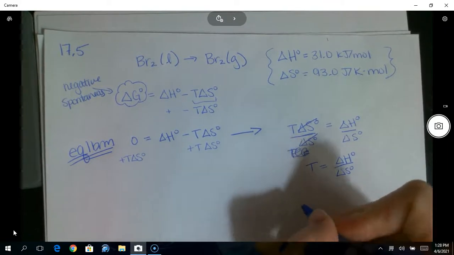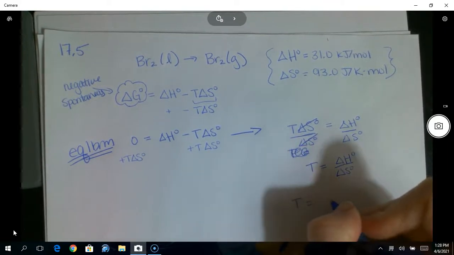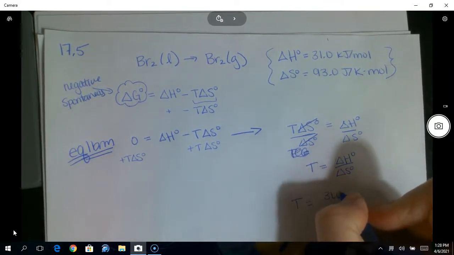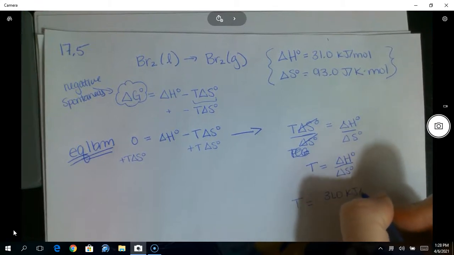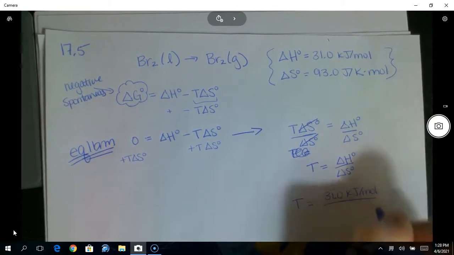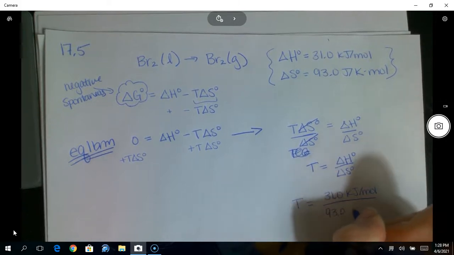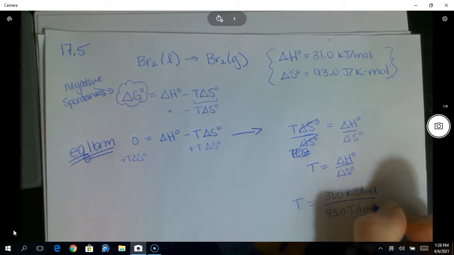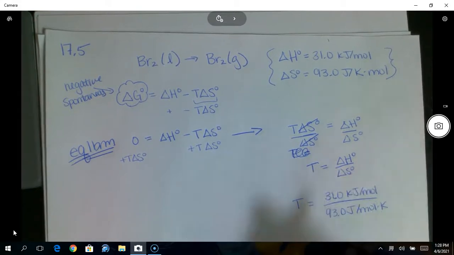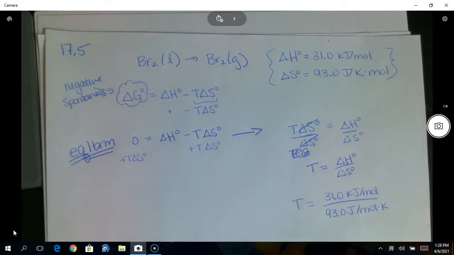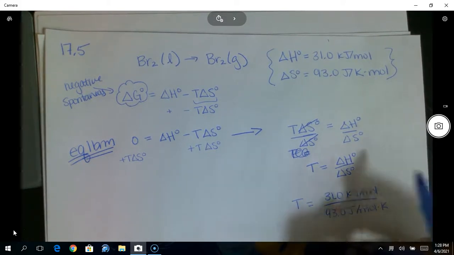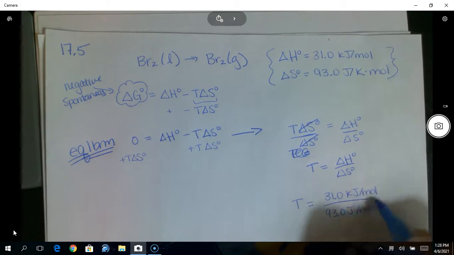So if I write that out, I've got 31.0 kilojoules per mole divided by 93.0 joules per mole times kelvins. If you look at our units, we have a bit of a problem because we can't cancel everything out.